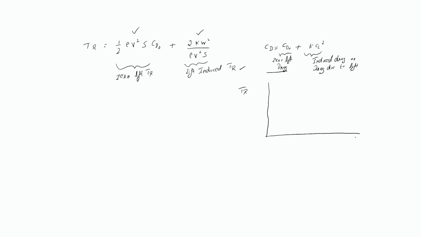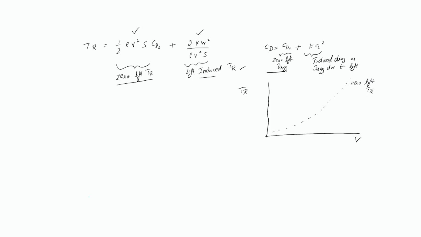Thrust required with velocity. So let me plot first of all 0 lift thrust required. This is 0 lift thrust required. It becomes dominant at higher velocities. Okay, so at lower velocities it is very low. Alright. What about lift induced thrust required? So it will be dominant at lower velocities.